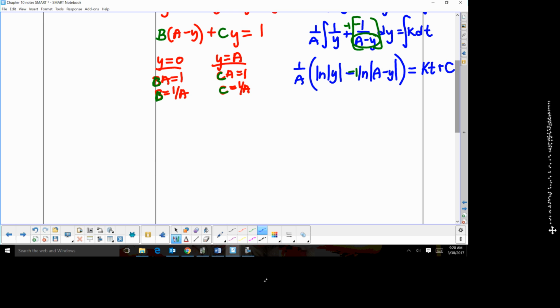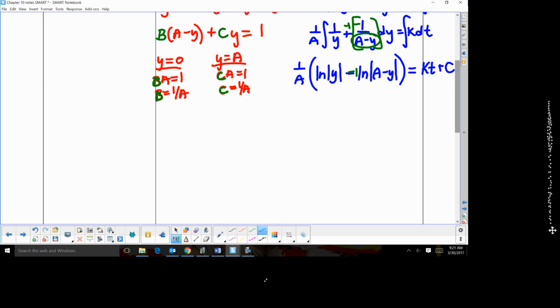All right, now what? You're solving for y. That's a good question. So what do we have to do next? We can multiply by a, and in the same step, simplify the ln's.